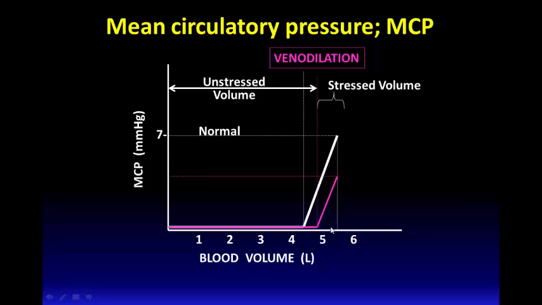The remaining half liter is now the stressed volume. Thus, with venodilatation, the stressed volume decreases, and the decrease in the stressed volume would thus result in a decrease in the mean circulatory pressure.